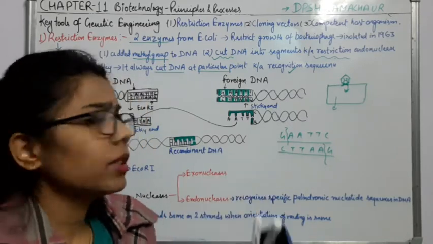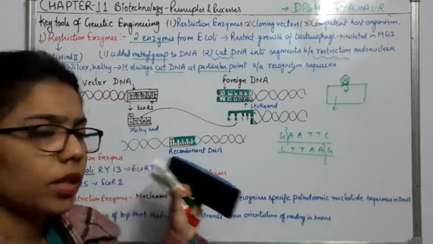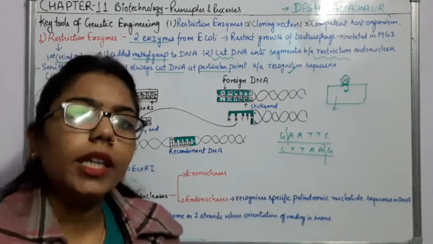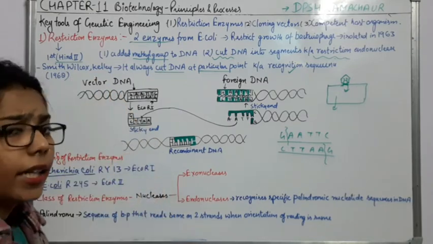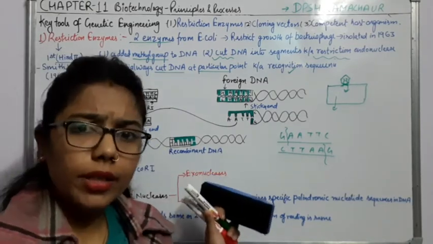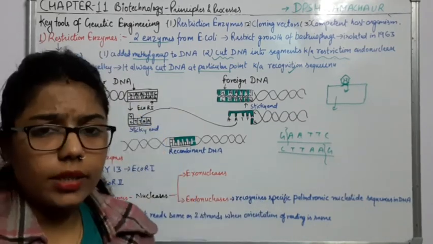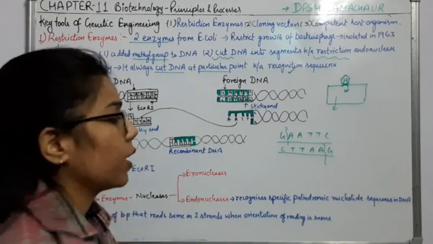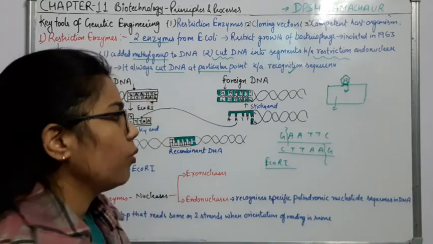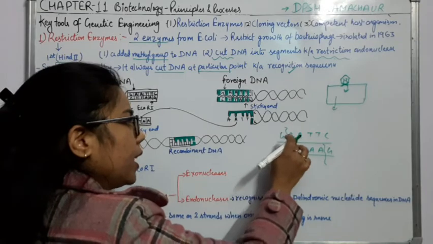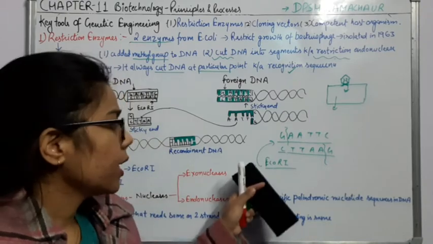For your syllabus, we have to understand that Hind2 always cuts the bond between G and A. Another restriction endonuclease, with a different recognition site, is Eco R1. Which restriction endonuclease breaks the bond between G and A? Eco R1.